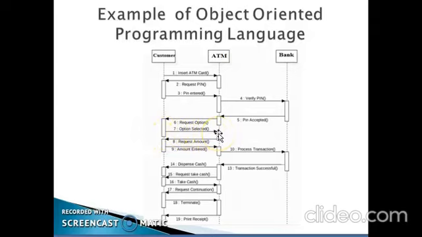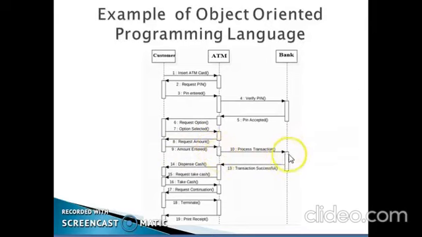He wants to withdraw money, so he selects the withdraw option. Once he selects it, what will the ATM machine do now? It will request the amount. The user enters the amount and this amount is sent by the ATM machine to the bank object.